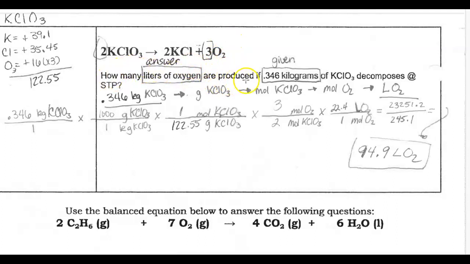How many liters of oxygen are produced if 0.346 kilograms of KClO3 decomposed at standard temperature and pressure? So, first of all, our given is 0.346 kilograms. Our answer is going to be liters of oxygen. So that's where we start in our plan, 0.346 kilograms.